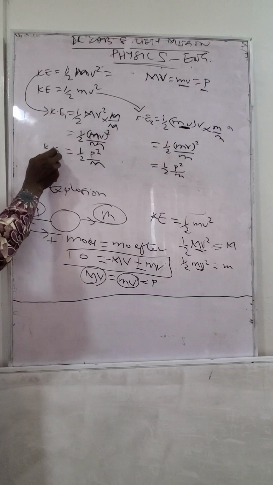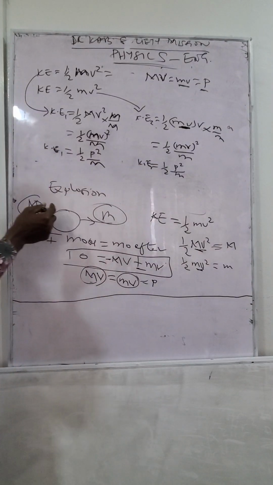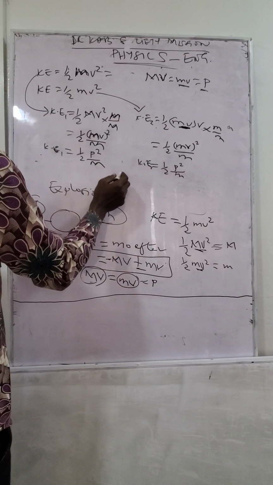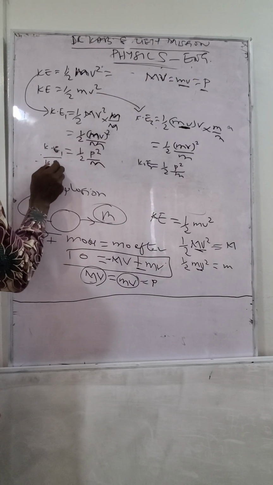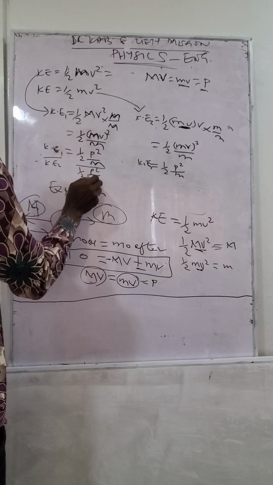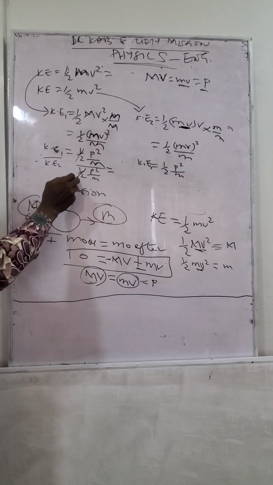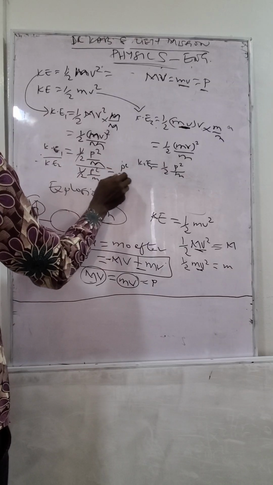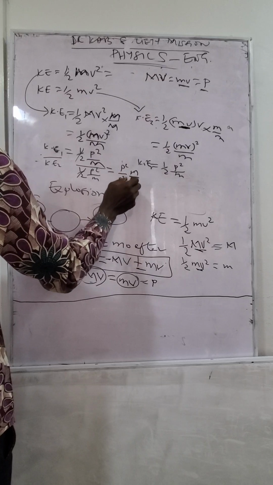Let's divide kinetic energy 1 by kinetic energy 2, this equation by this equation. We have KE1 over KE2, and this over half P squared over m. What do we get? This will cancel that. Of course, this is going to become P squared over small P squared, and then this m is going to go on top over M.